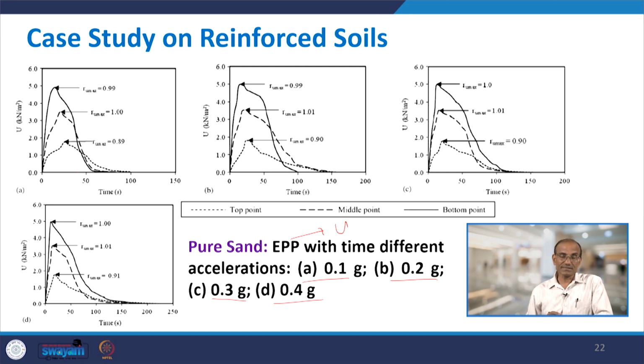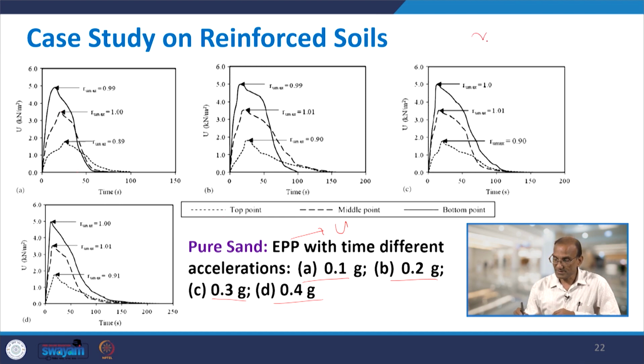Now, in this case there are 3 curves: the dotted line for the top point, this one for the middle point and the bottom point. Naturally, the excess pore water pressure developed will be minimum at the top and maximum at the bottom. However, because the effective overburden pressure is also high at the bottom point, you find the value of RU. What is RU?